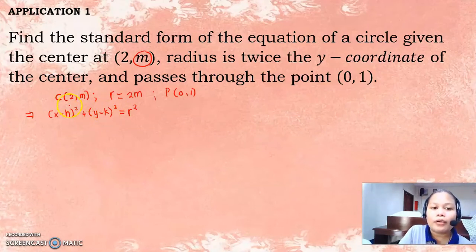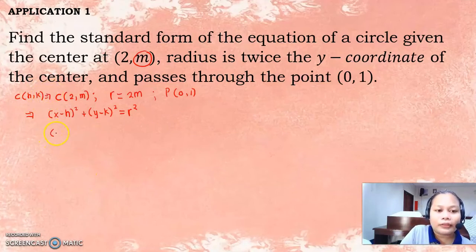Again, we are going to replace our variables h and k given the center here (2, m). Always remember that our center is at (h, k).